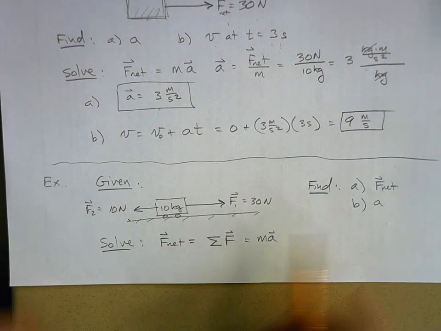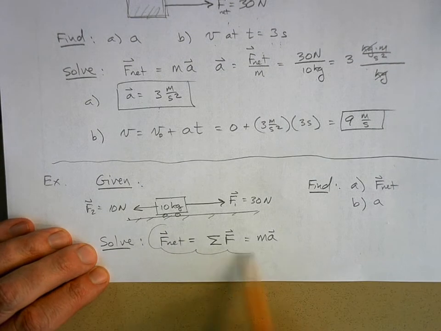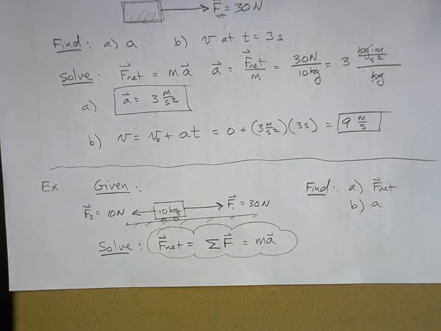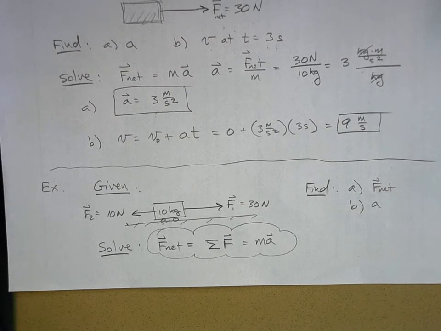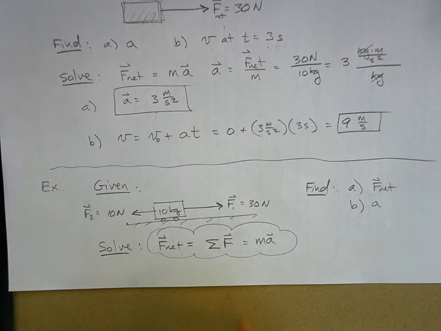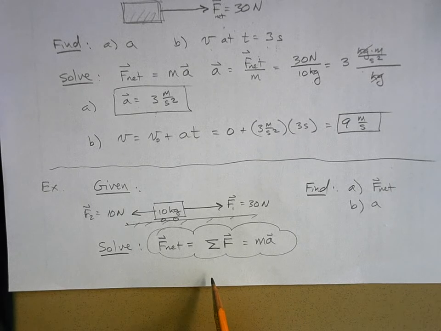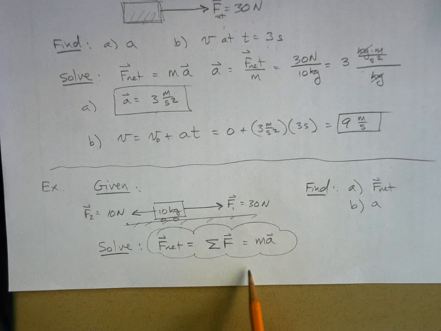This right here is the most important equation in physics, in that understanding this and how to use it enables us to do engineering. This is Newton's second law right here.